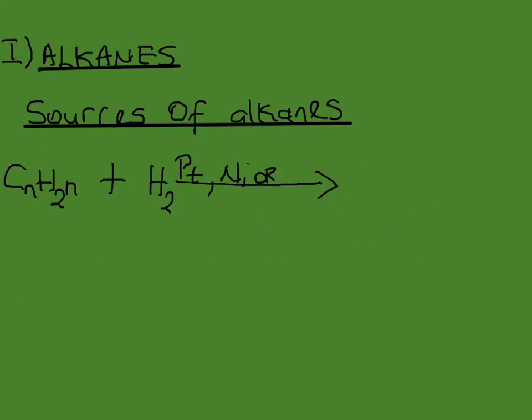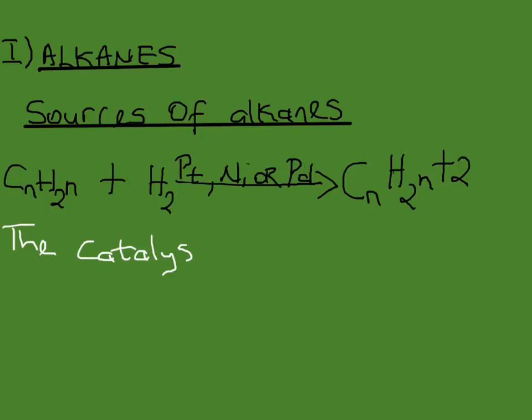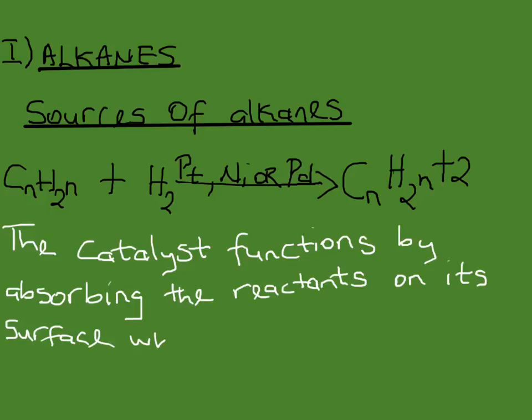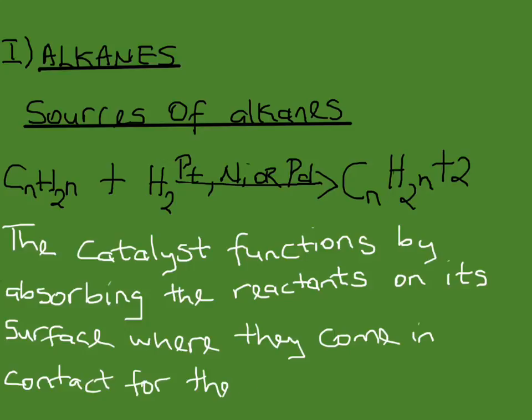From the general example you see there, we have alkene CnH2n plus hydrogen, in the presence of platinum, nickel, or palladium catalyst, to give us CnH2n+2. The catalyst functions by adsorbing the reactants on its surface where they come in contact for the reaction to take place.